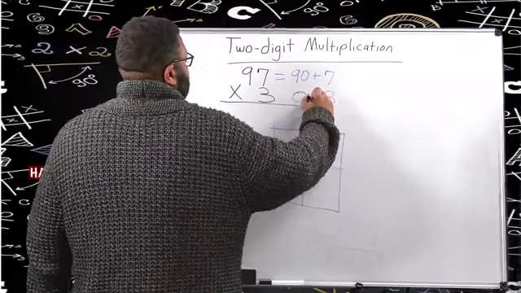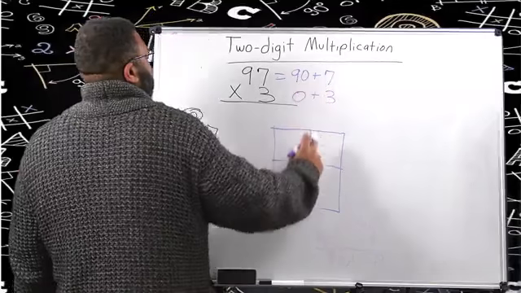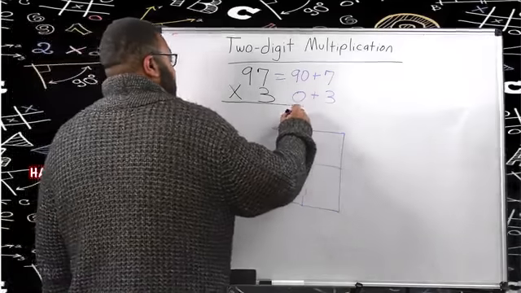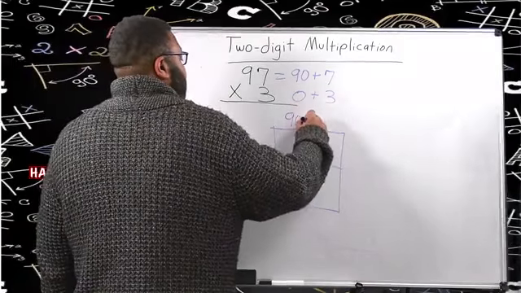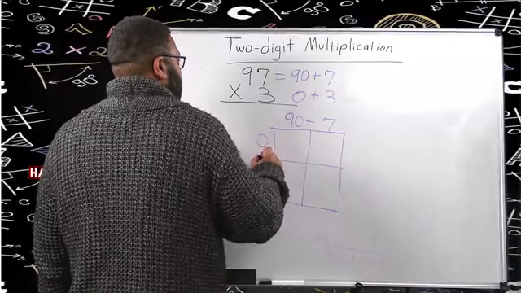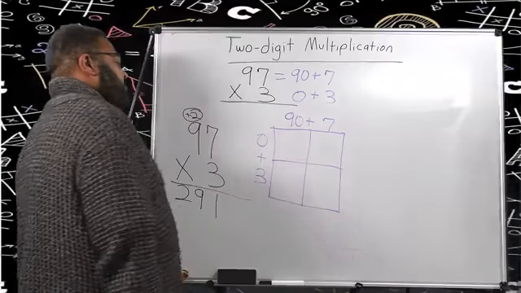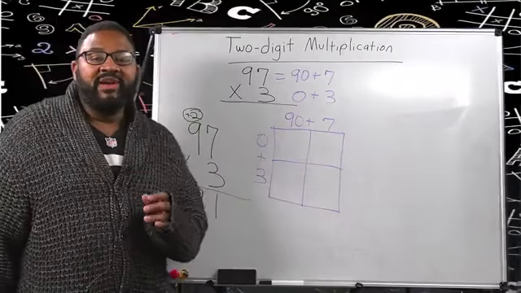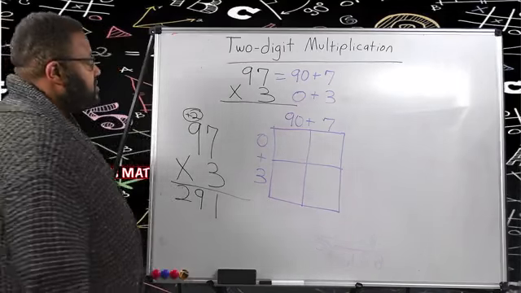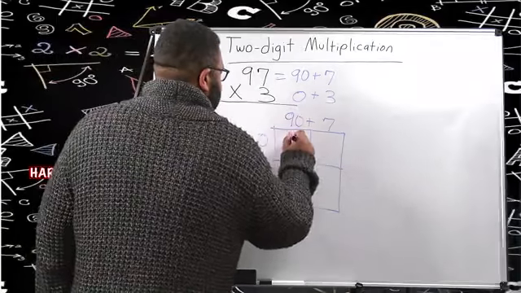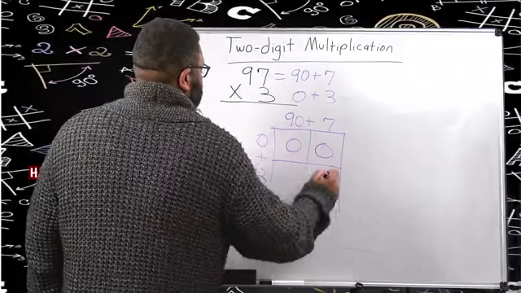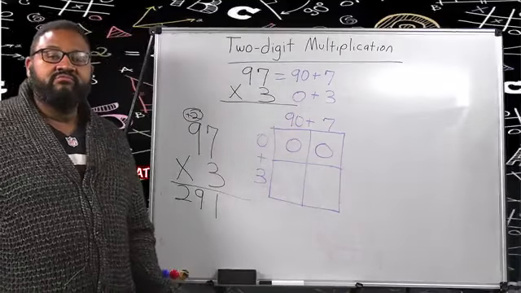That's it, folks. If you listen to what I said before, anything times 0 will be 0. So right now, 0 times 90 is 0. 7 times 0 is 0. That's it, folks.